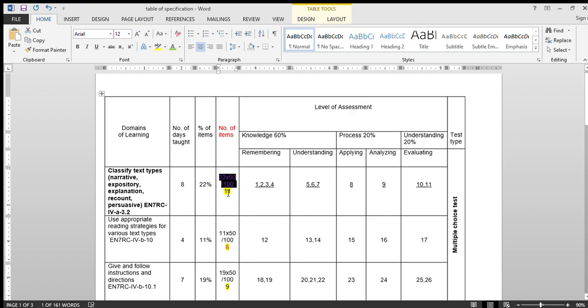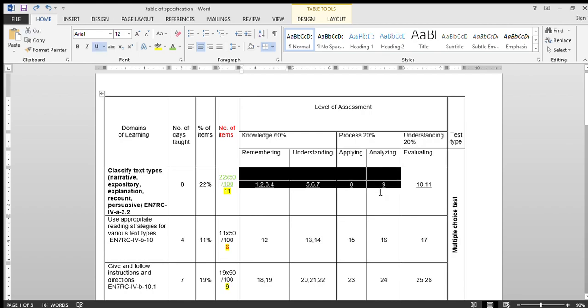So 22 times 50 divided by 100 will equal 11. And since you have 11 items in this competency, you are going to distribute, of course, it must be 11 items of questions.